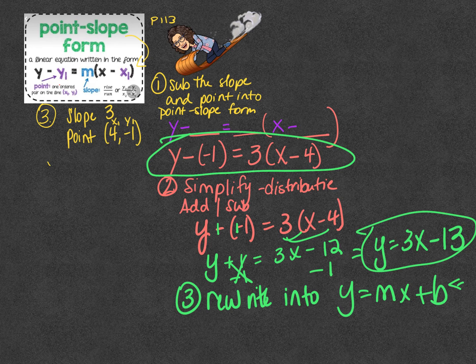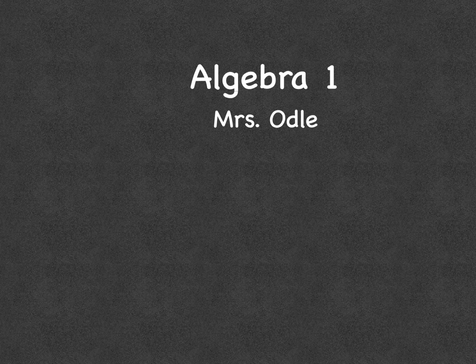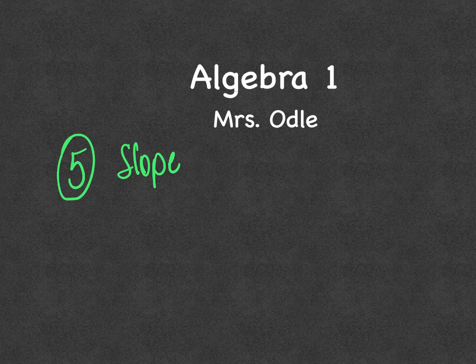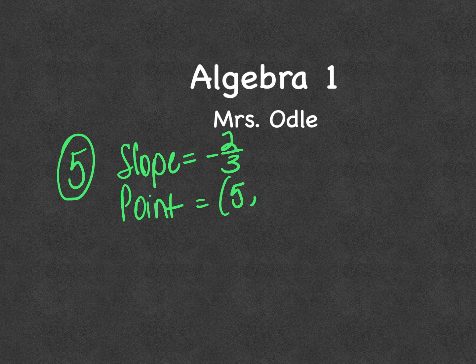Okay, let's do another one here together, okay? Let's do number 5, because this one actually has your slope is -2/3, and your point is 5 and 2.